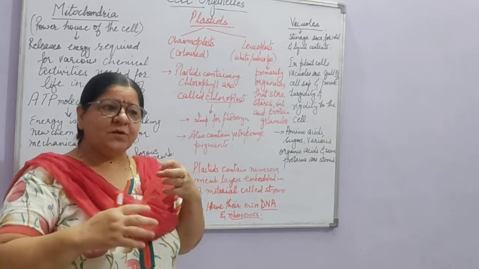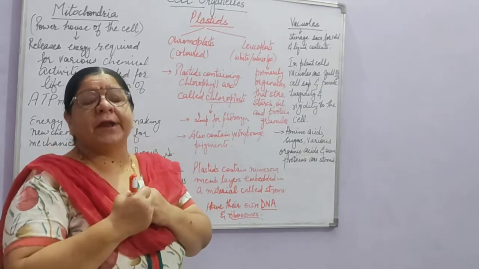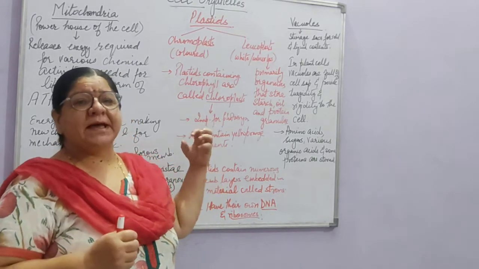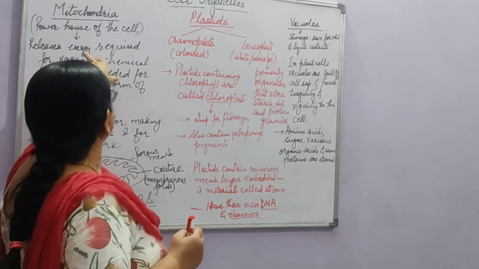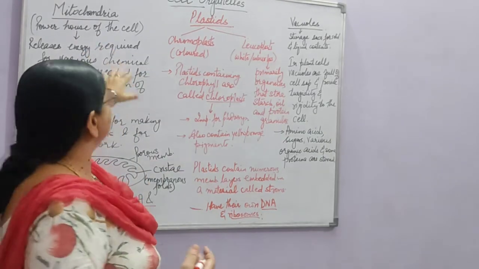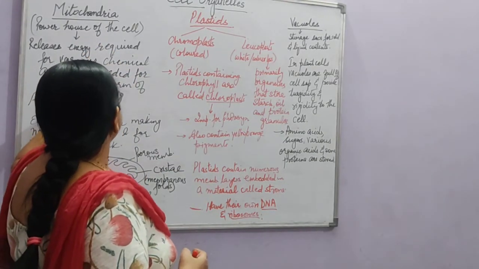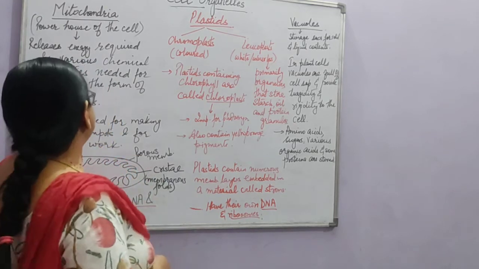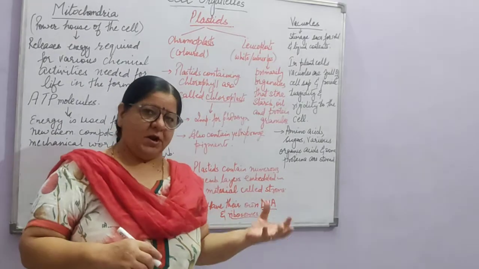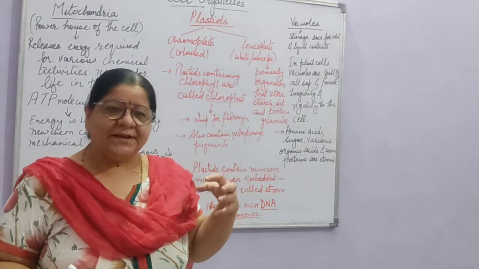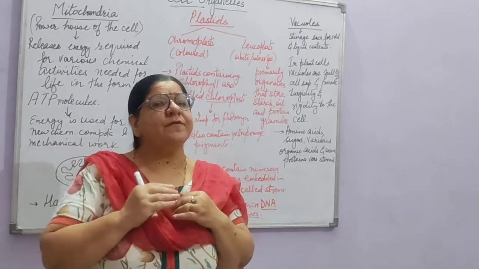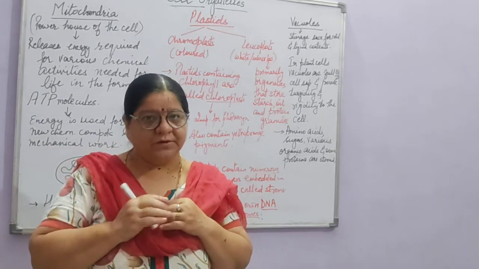The energy which is released during respiration is also stored in the mitochondria. It releases energy whenever it is required for various chemical activities, in the form of ATP molecules. All the energy it stores is stored in the form of ATP molecules.